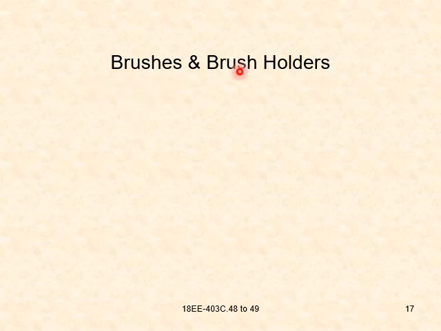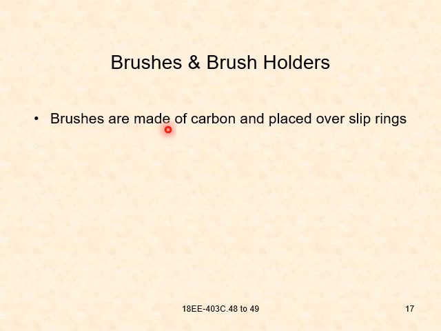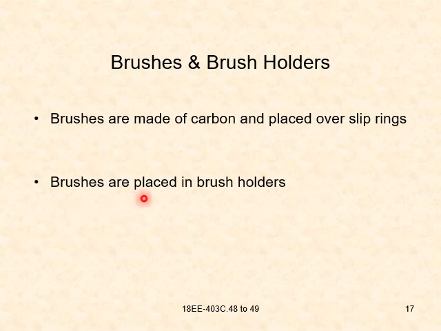Now coming to brushes and brush holders. Brushes are made of carbon and placed over slip rings. The slip rings are rotating and the brush is fixed in a brush holder, so it is just placed over the slip rings. And brushes are placed in holders.